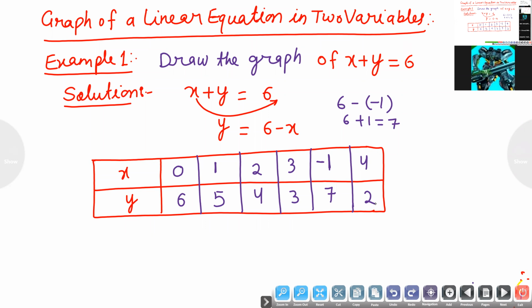Then the coordinates have come: 0, 6; 1, 5; 2, 4; 3, 3; minus 1, 7; and 4, 2. Now these coordinates we want to plot on the graph paper.